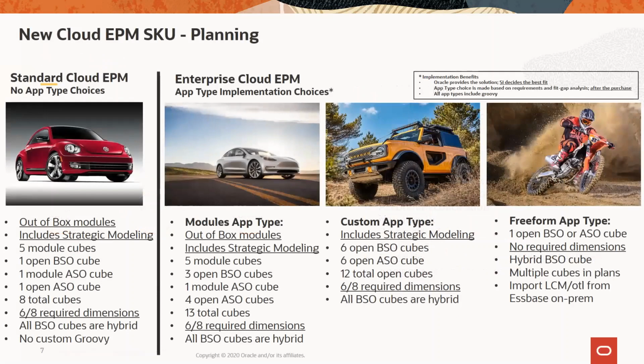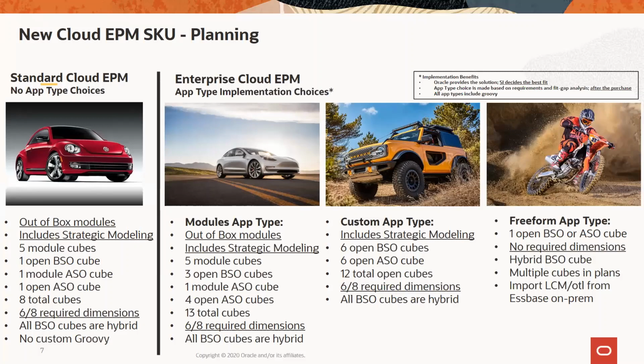So I kind of drew this visual out so you get a picture from a visual perspective of what we mean in planning, right? Planning gets a little bit nuanced when you come in. In the past acronym language, we used to talk about PBCS and EPBCS, and now with the simplification of the new SKUs, you get a visual.